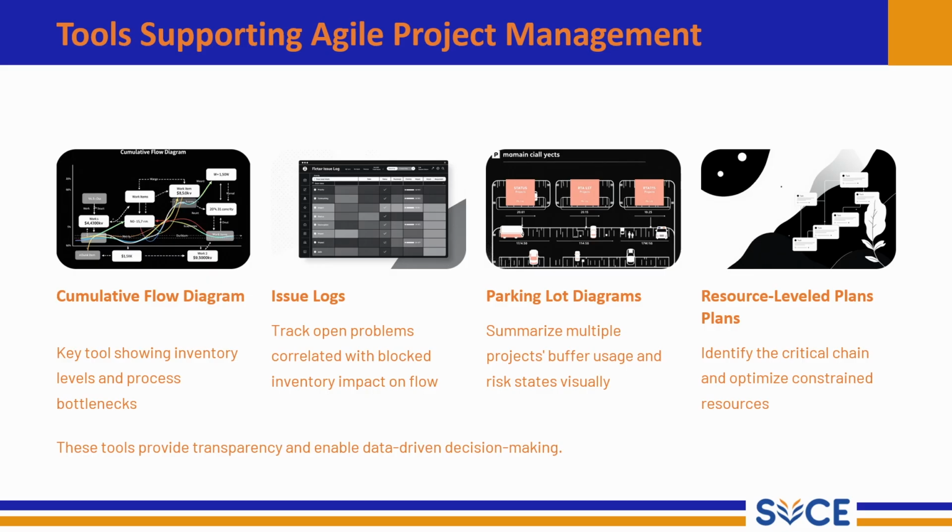If a team member is overloaded or there is a dependency on a specific skill, resource level planning ensures work is distributed correctly to keep project flow smooth. These tools improve transparency, reduce uncertainty, and help in faster data driven project decisions.